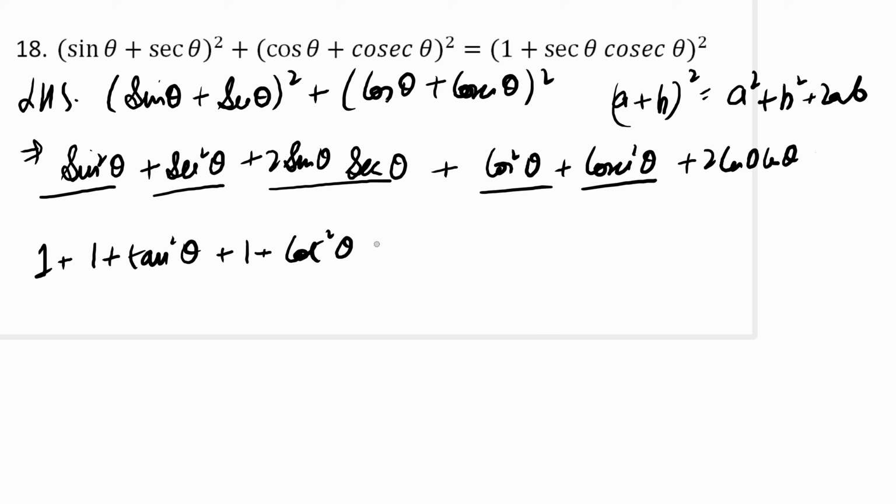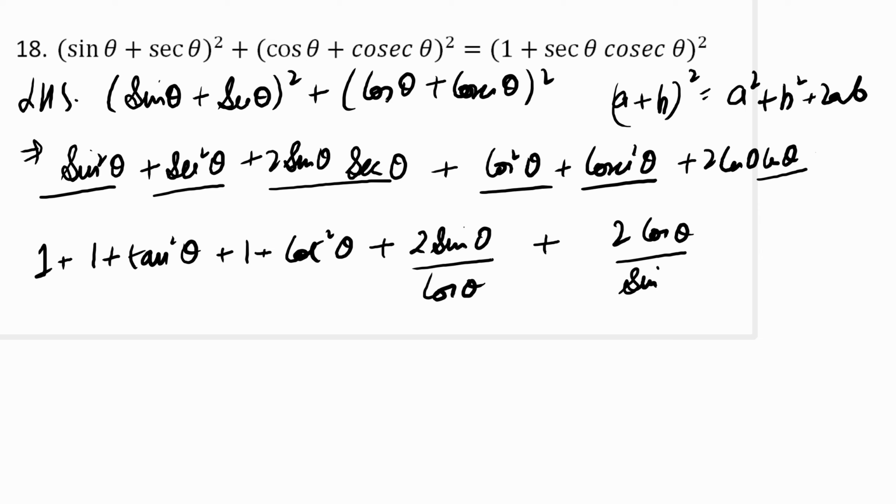Now we can write this as 2 sin theta upon cos theta, since sec theta is 1 upon cos theta, and 2 cos theta upon sin theta. I will write it clearly, it is cosec theta.